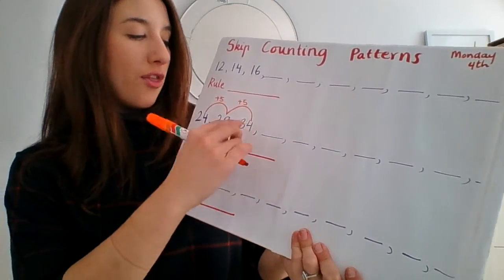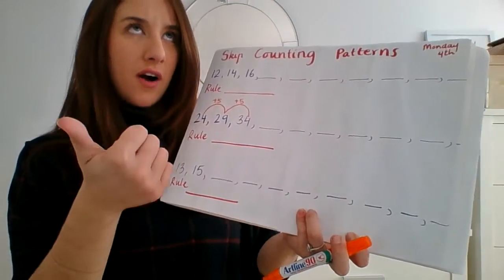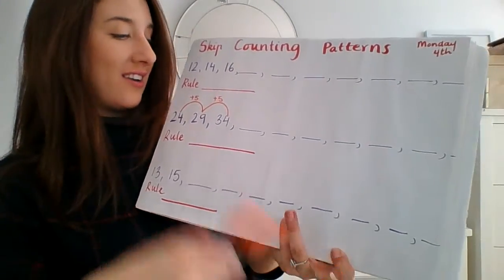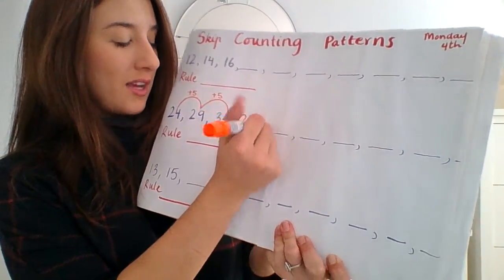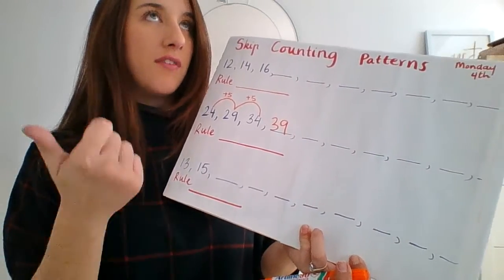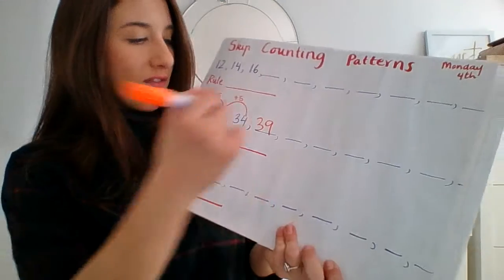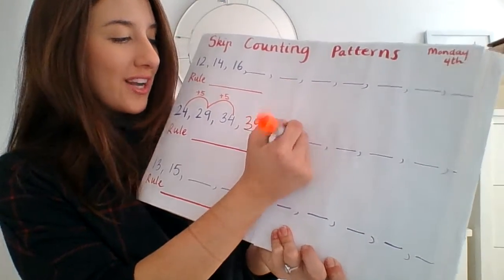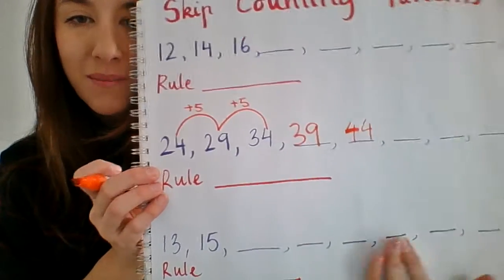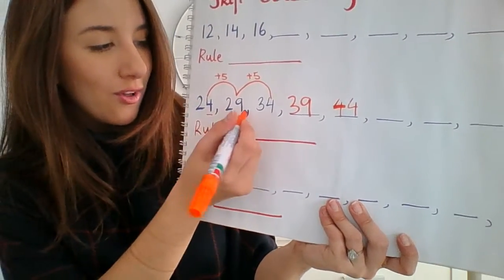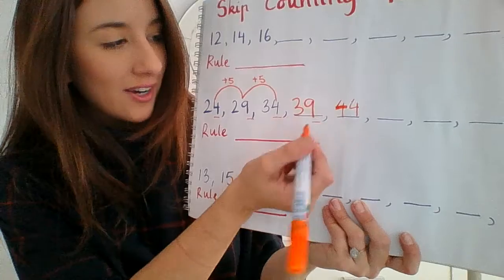So then I would count on 34, 35, 36, 37, 38, 39. And I would do the same thing, 39, 40, 41, 42, 43, 44. I wonder if anyone has noticed a pattern. Have a look at the numbers in the ones column. They go 4, then 9, then 4, then 9, then 4.